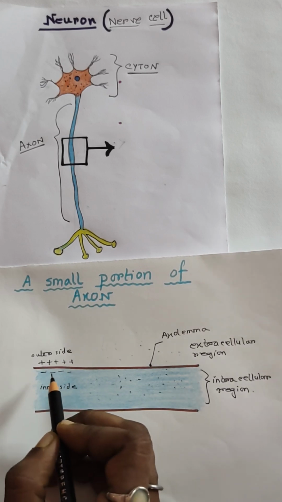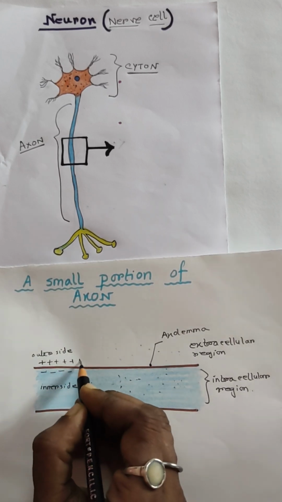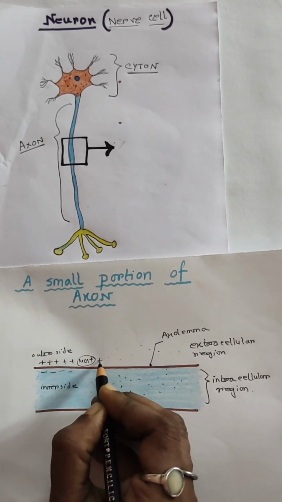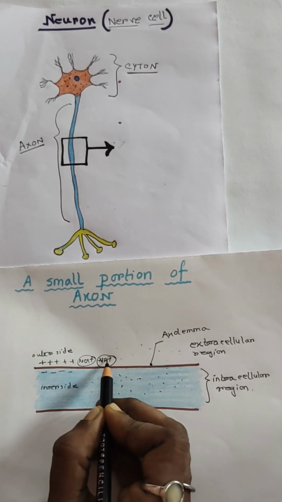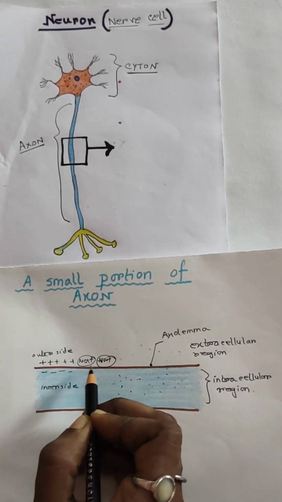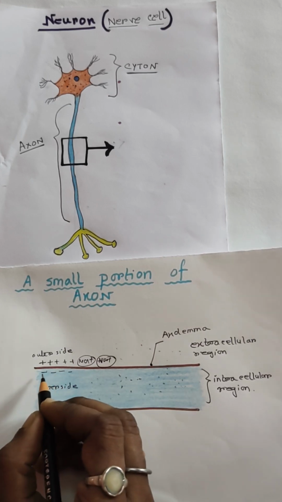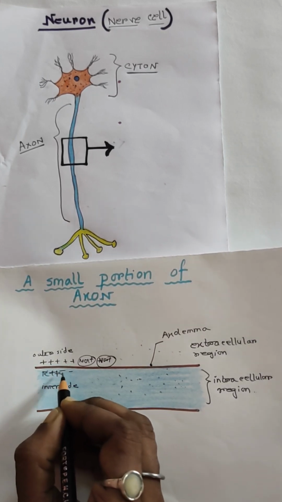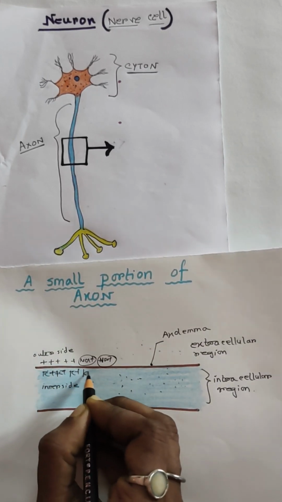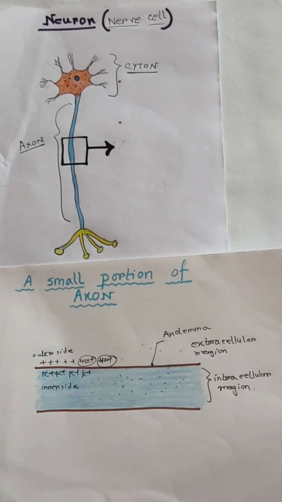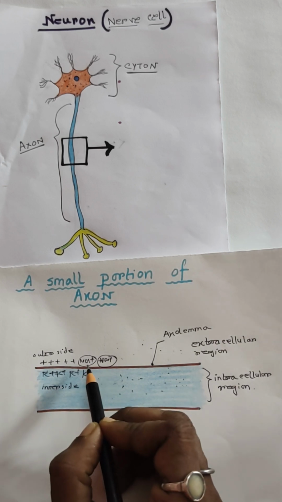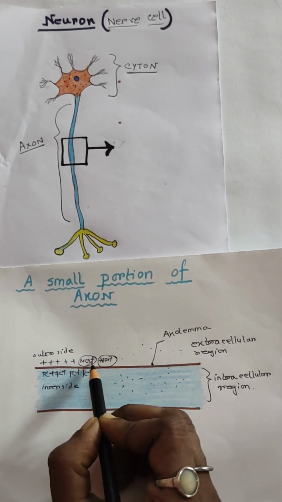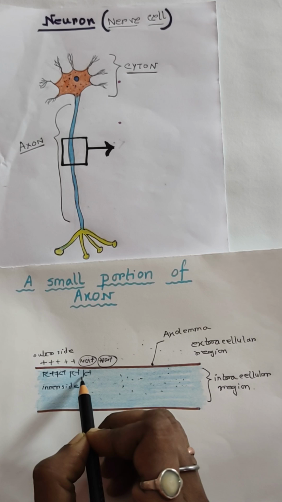Actually, this is because the sodium ions are present at the outer side of the membrane, and at the inner side there are potassium ions, K+. So now you definitely have a question: both sides have positive ions, because at the outer side there are sodium ions and at the inner side there are potassium ions.